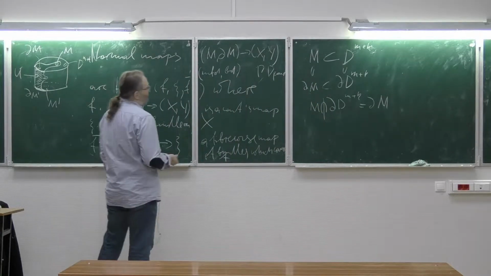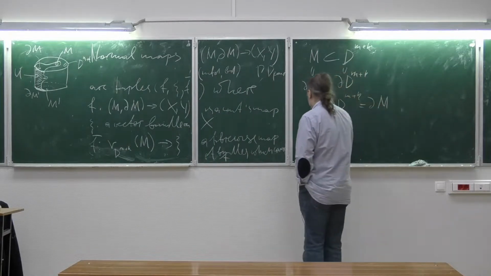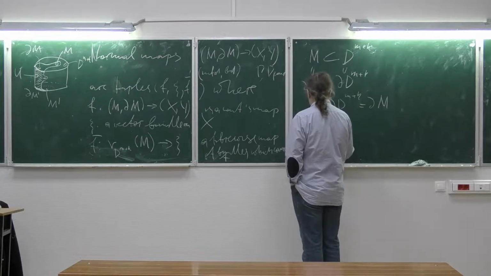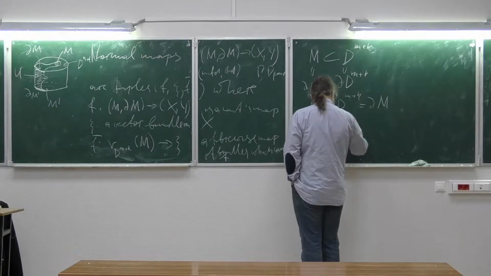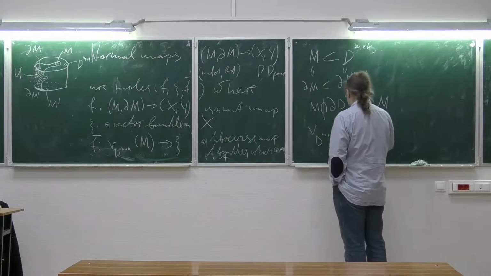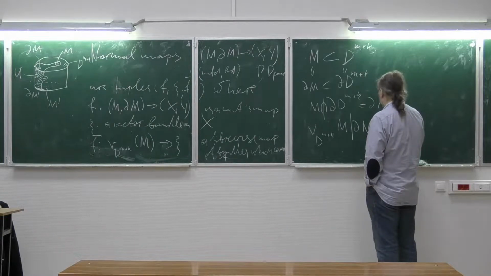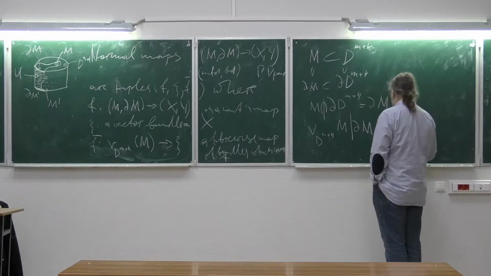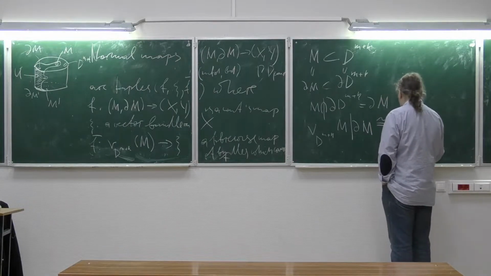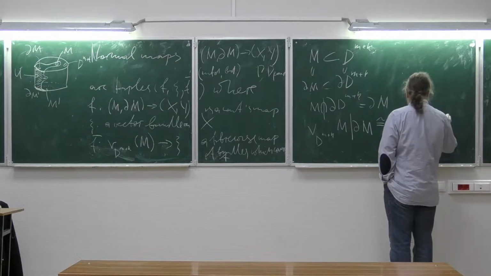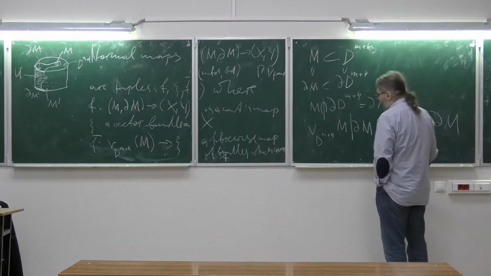In particular, the normal bundle of M restricted to the boundary dM is the same as the normal bundle of the boundary inside the sphere.